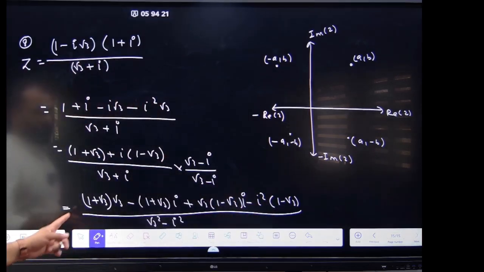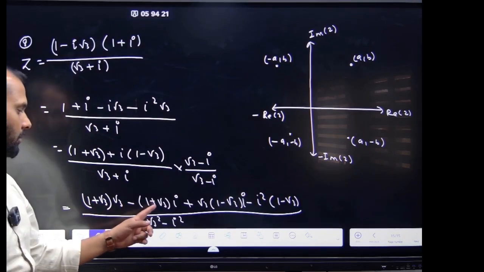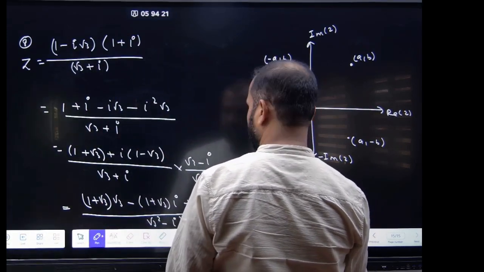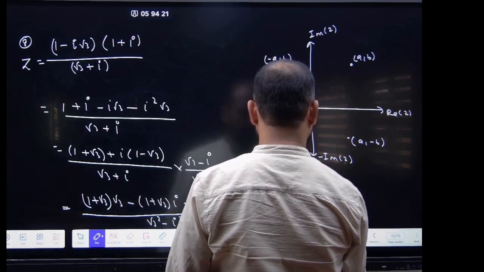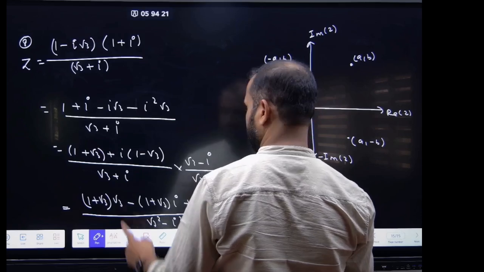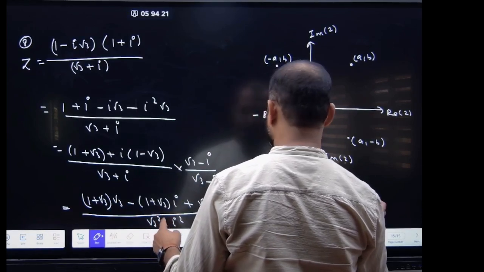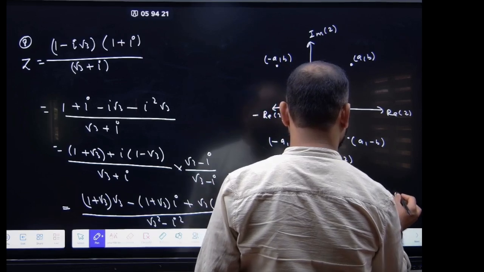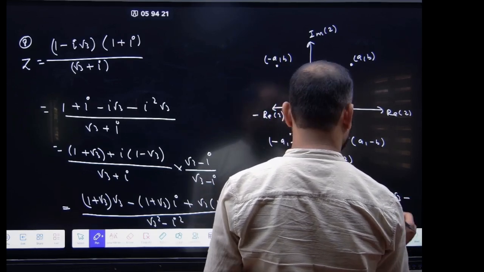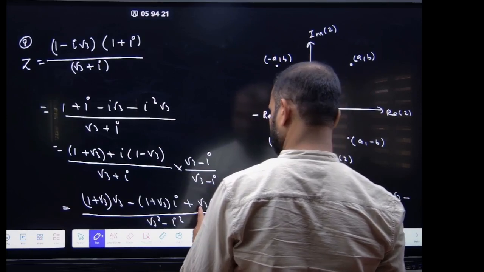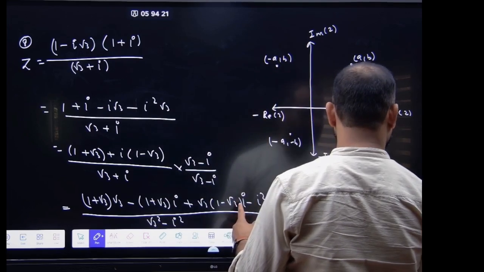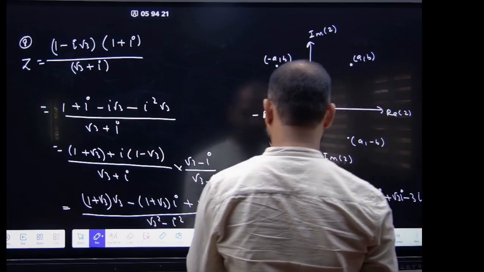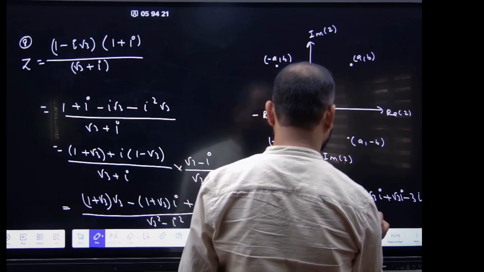Now you multiply, so root 3 plus 3 minus i. If I multiply that, 1 plus 3, not 1, here root 3 plus 3, root 3 into 3 minus i minus root 3i, and this is plus root 3i, and this is minus 3i, i square is minus 1, plus 1 minus root 3.